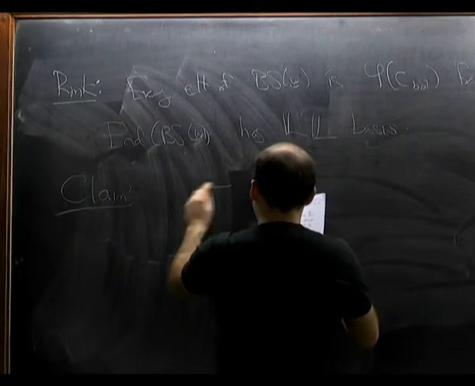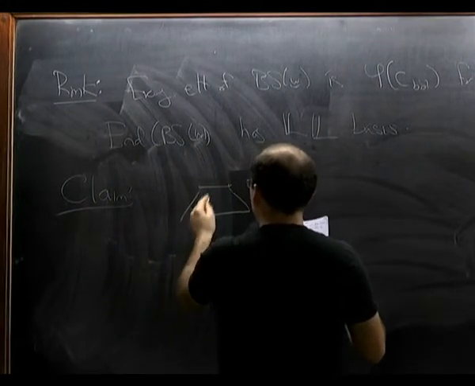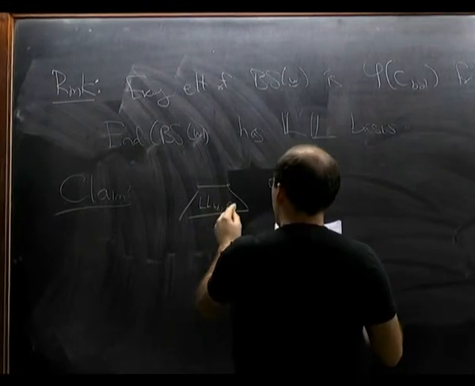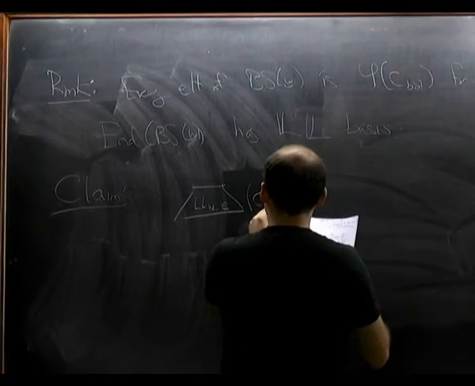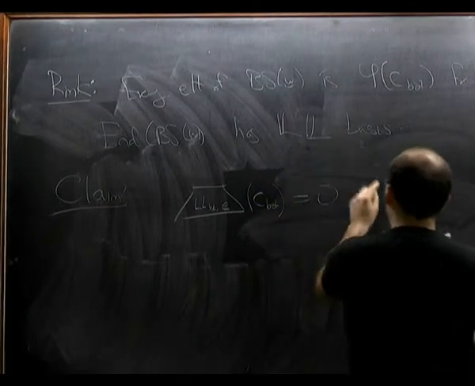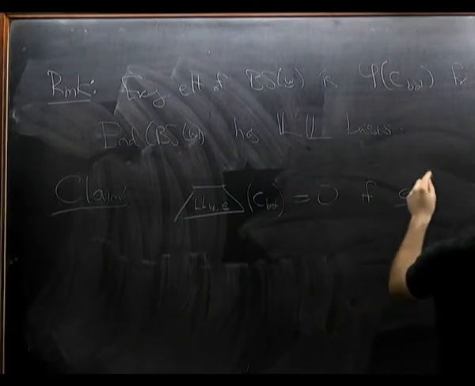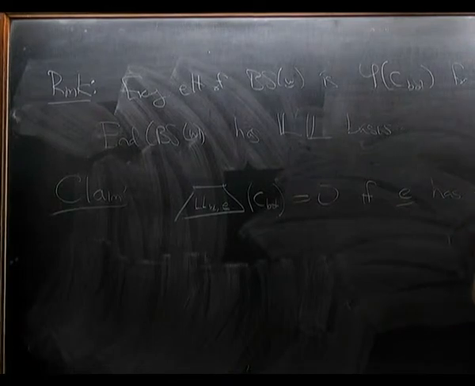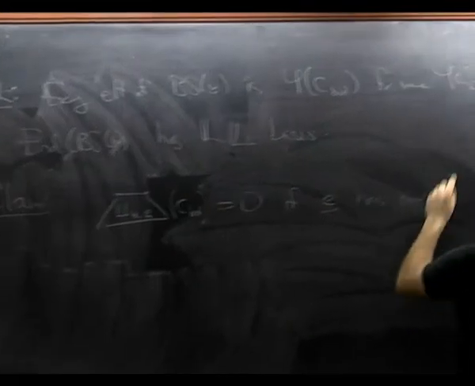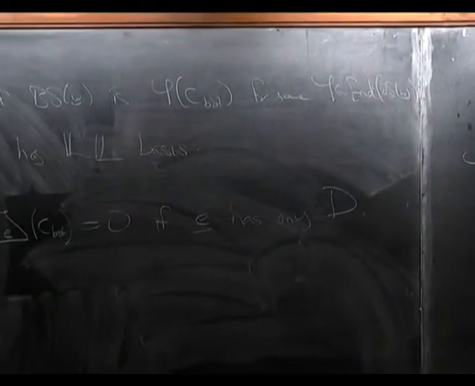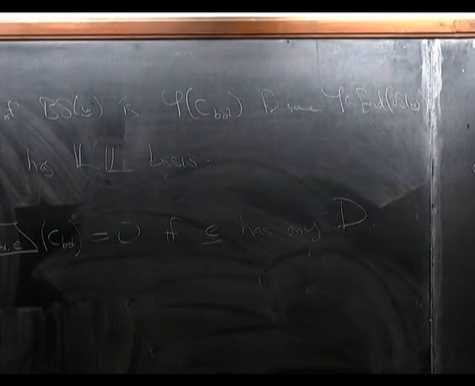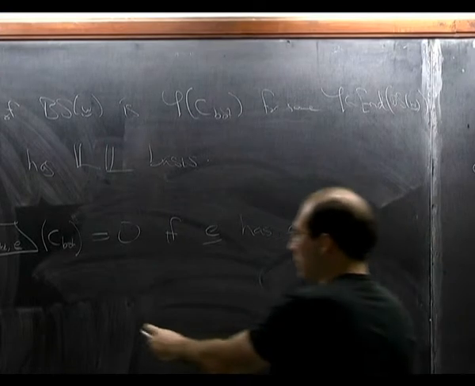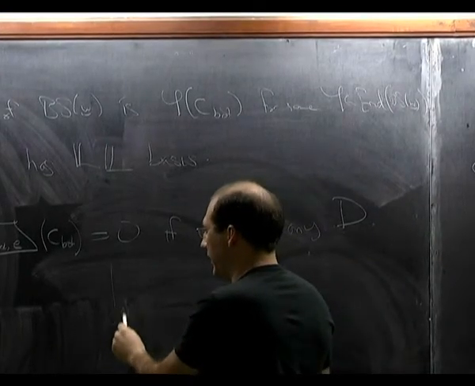My claim is this: if we take some light leaf associated to a subexpression and apply it to C-bot, then you get 0 if this thing has any downs. Remember, up was just sort of an identity map. This is up 1.